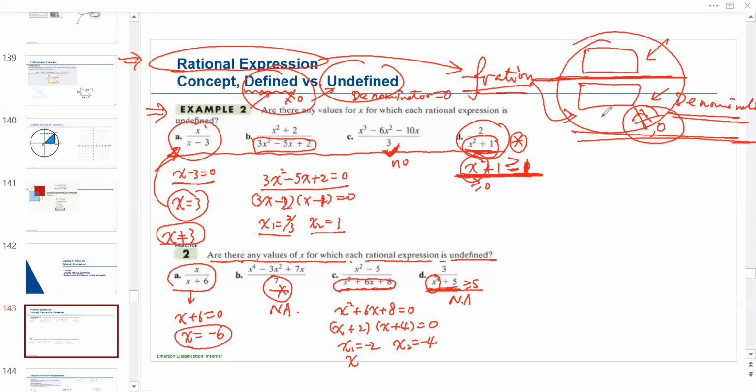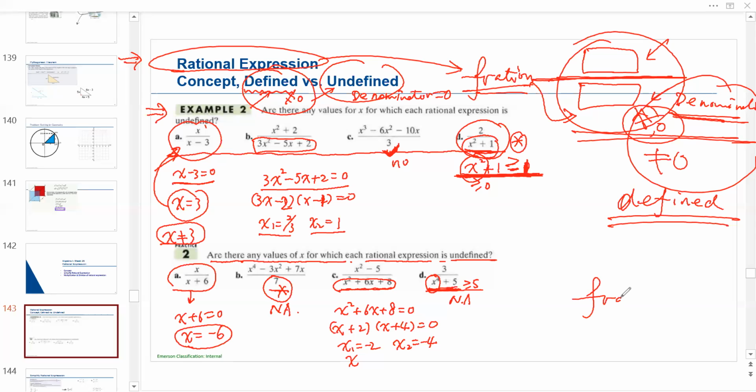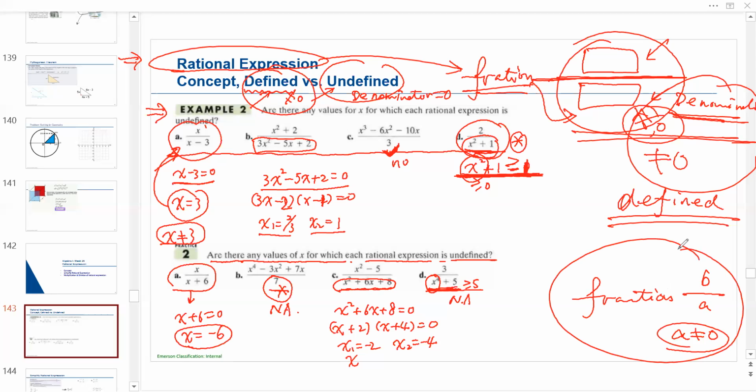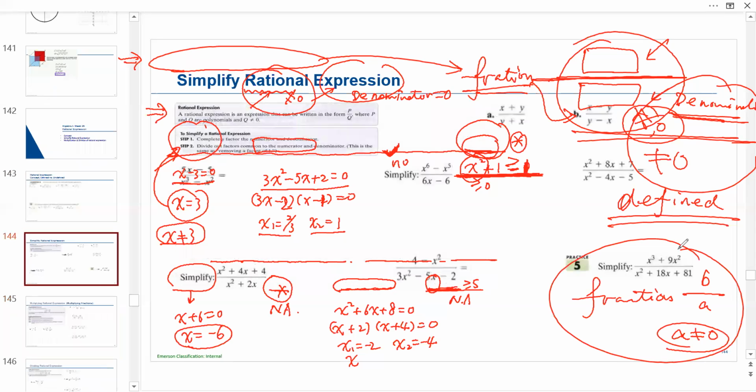We should make its denominator not equal 0. That's the first. This means at least it needs to be defined, like the fraction, A always not equal 0, right? The same. All right, so let's go to the next one.